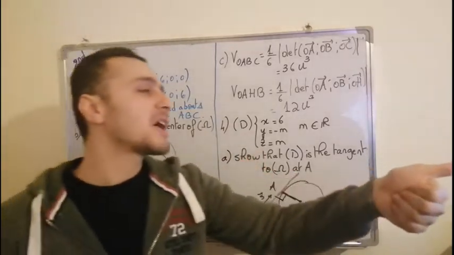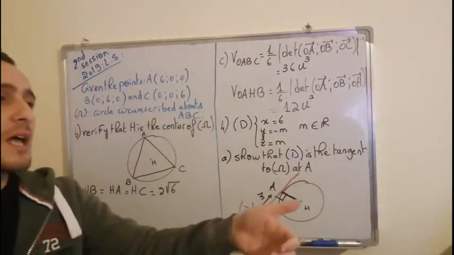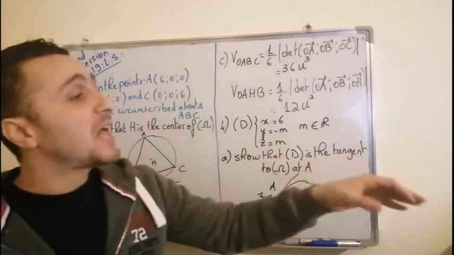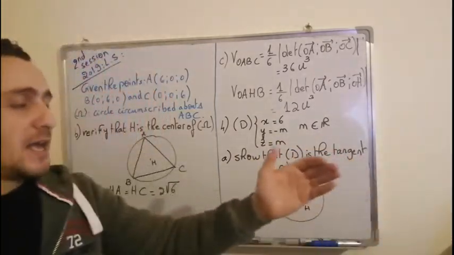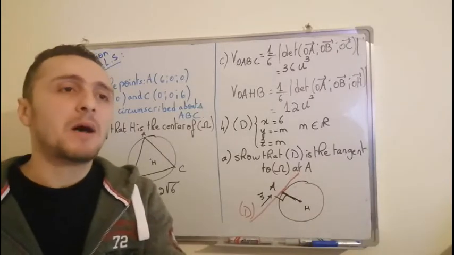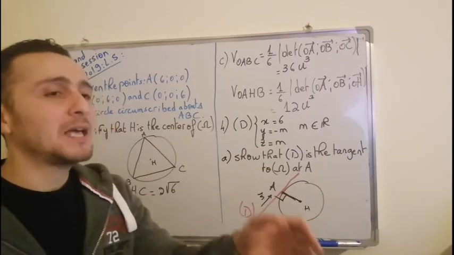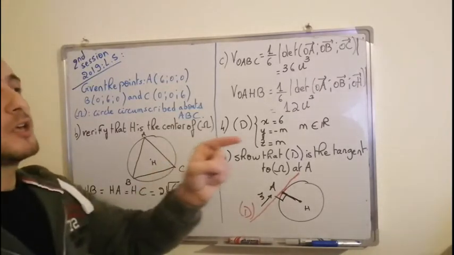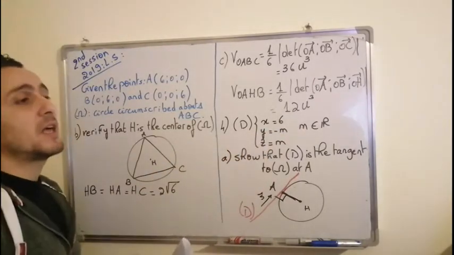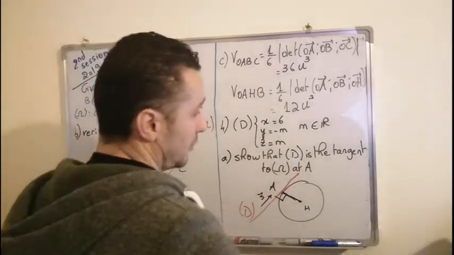If we look at the given figure in the exercise, we remark that in the plane P we have a circle circumscribed about triangle ABC and the line D. So the line D is included in the plane P, using the given figure. Okay?